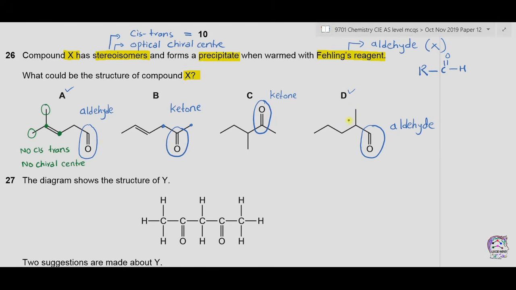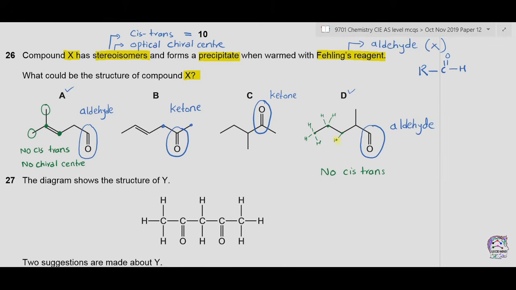Let's move towards D. In D we do not have any double bond between two carbon atoms, so it won't show any cis-trans, so no cis-trans is possible. Now let's find the chiral carbon. This carbon is attached with 3 hydrogen atoms, so this is not chiral. This carbon is attached to 2 hydrogen atoms, so therefore again this is not chiral.